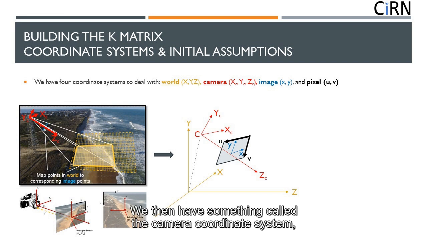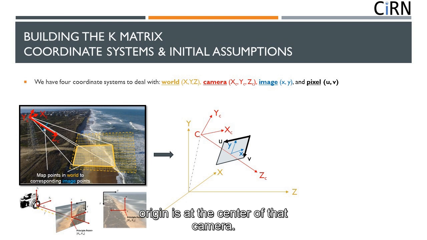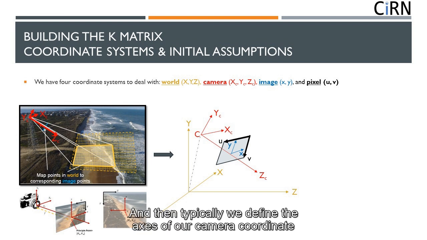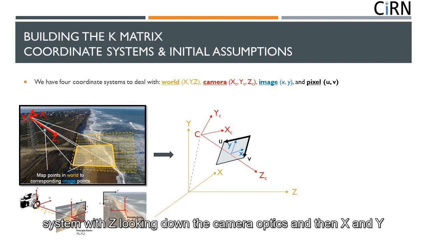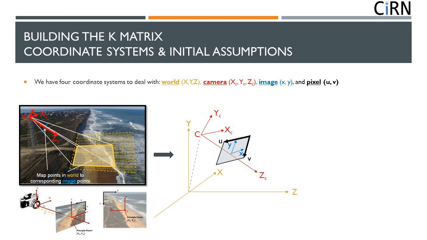We then have something called the camera coordinate system, which we're showing in red. And the camera coordinate system origin is at the center of that camera. And then typically we define the axes of our camera coordinate system with Z looking down the camera optics, and then X and Y basically being in line with the center plane.